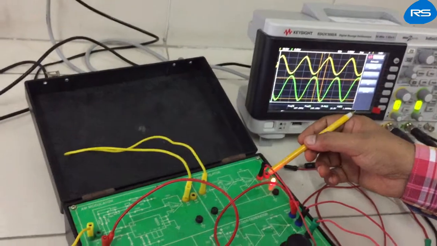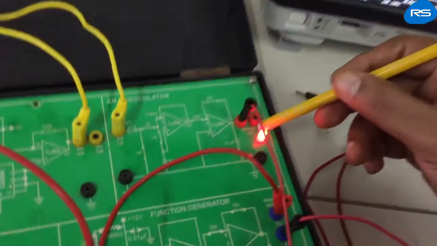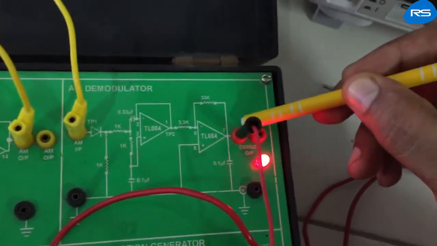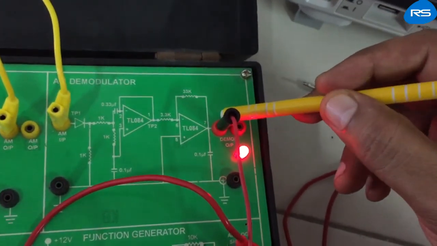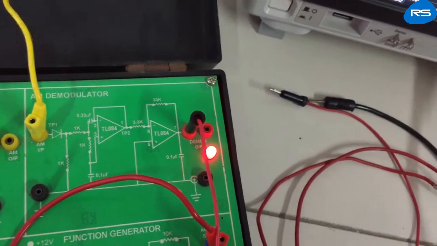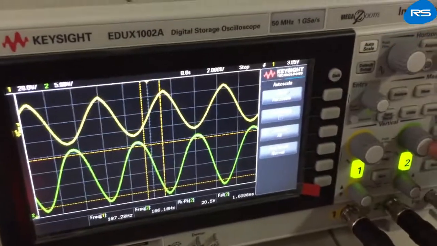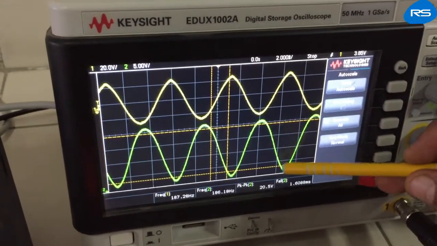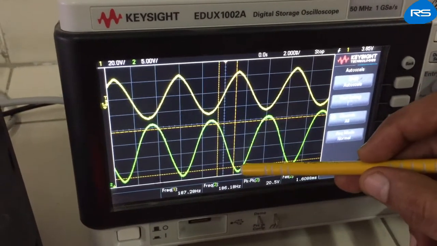the demodulated wave is taken from output port of the AM demodulator, which is being measured at channel number 2 of the DSO, and the waveform of the demodulated wave is like this.